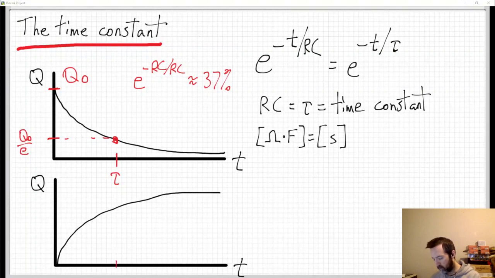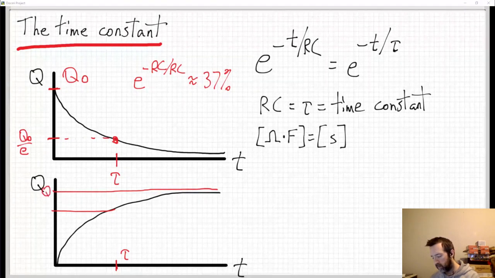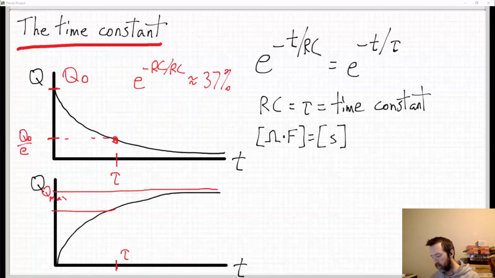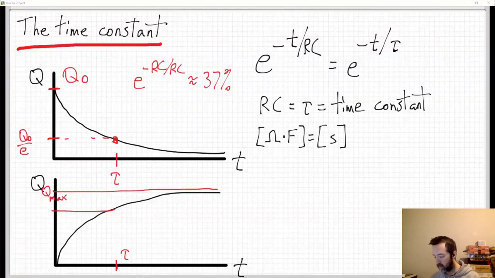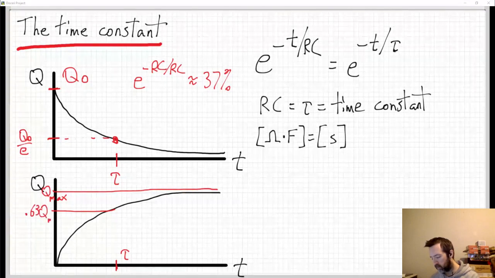If I go out one time constant, I should be up to 63% of the maximum value.